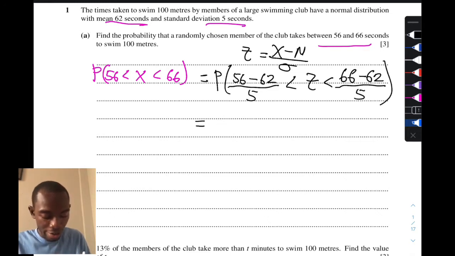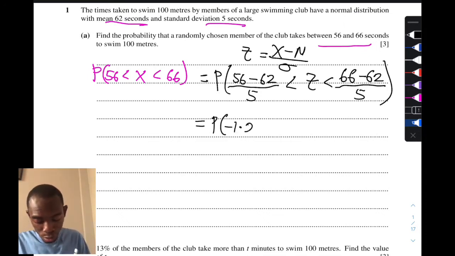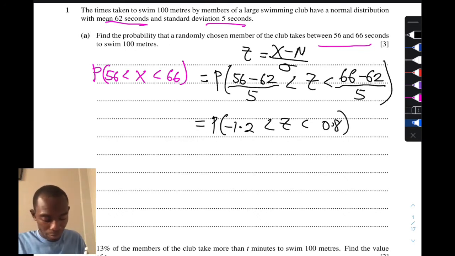Right, like I said, grab your calculator, because these things are calculator work. So I have 56 minus 62 over 5, and that will give you negative 1.2 is less than z is less than, then we have 66 minus 62 divided by 5, that gives us 0.8.